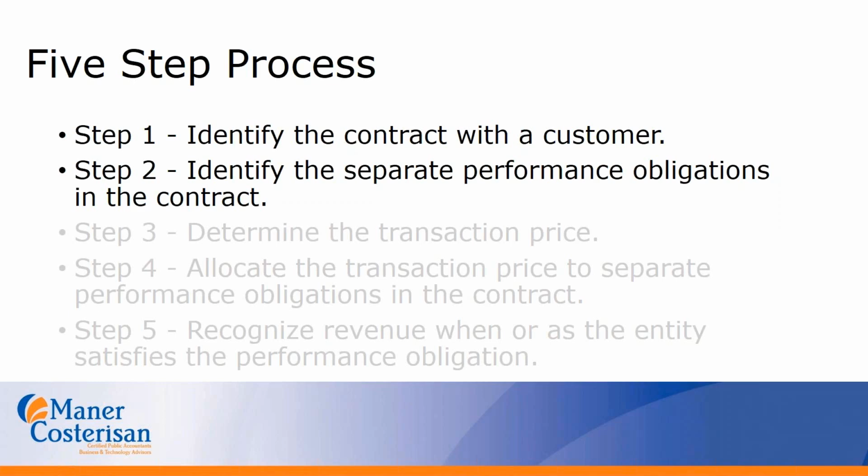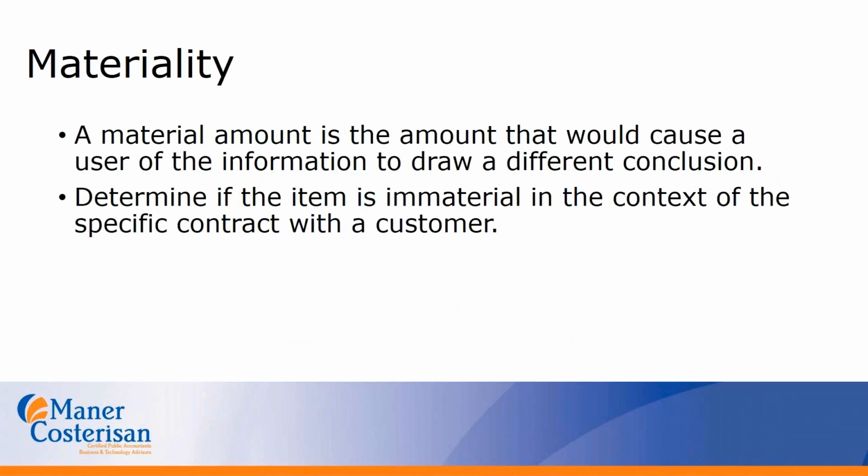For example, what if you give a customer a tablet to a new internet subscriber who signs up with a 2-year service contract? Is that a separate performance obligation? It is a distinctive performance obligation if it benefits the customer on its own or with other goods or services, and the company's transfer of goods or services is separately identifiable. If it is material, it probably is a separate performance obligation.